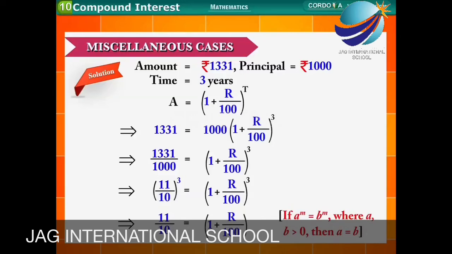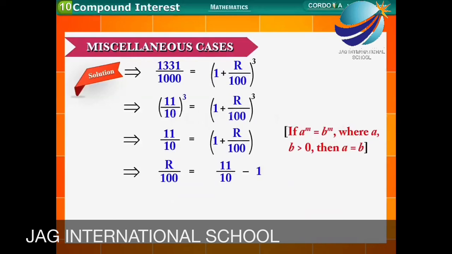If A raised to the power m is equal to B raised to the power m, where A, B greater than 0, then A is equal to B. This implies R upon 100 is equal to 11 upon 10 minus 1. This implies R upon 100 is equal to 1 upon 10. This implies R is equal to 10%.